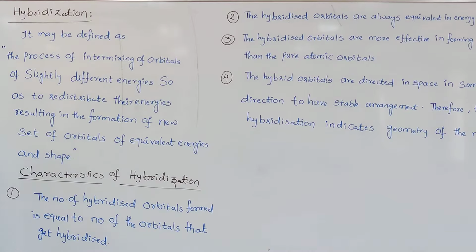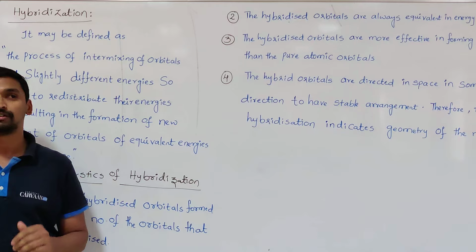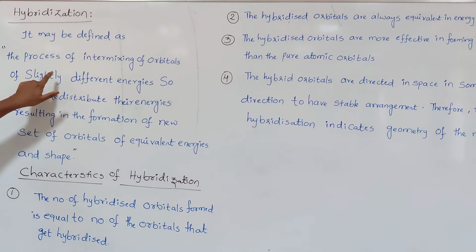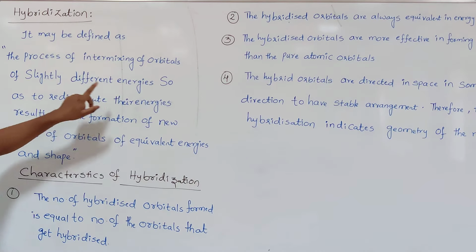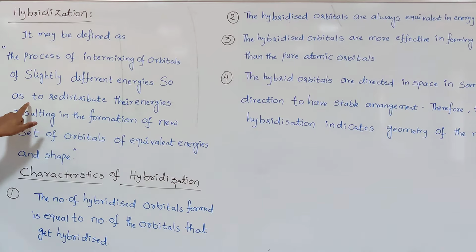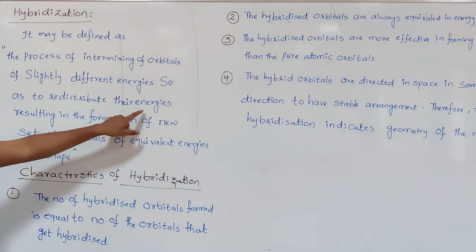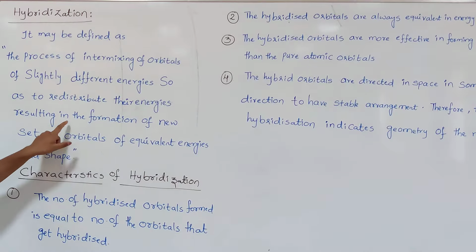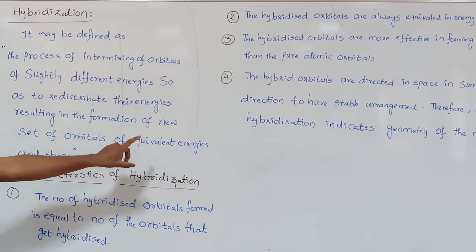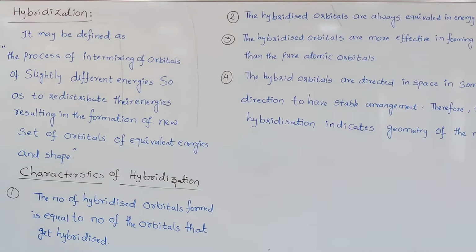According to Pauling, to account for the shapes or geometries of polyatomic molecules, this hybridization concept was introduced. What is hybridization? Hybridization is defined as the process of intermixing of orbitals of slightly different energies so as to redistribute their energies, resulting in the formation of a new set of orbitals of equivalent energies and shape.